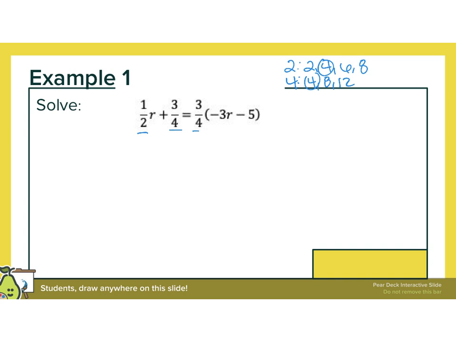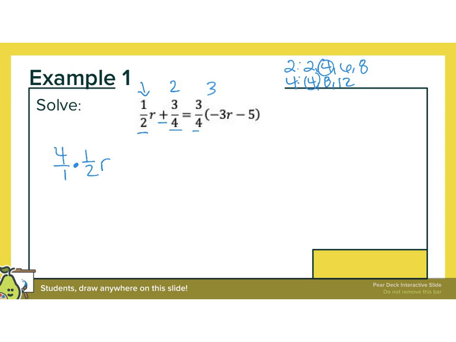Here's what that looks like. There are 1, 2, 3 terms in this entire equation. So I'm going to multiply by 4 for each one of those. So for the first one, since these are fractions, I'm going to write my 4 as a fraction. So 4 over 1 times 1/2 r. Okay, that was this first one.